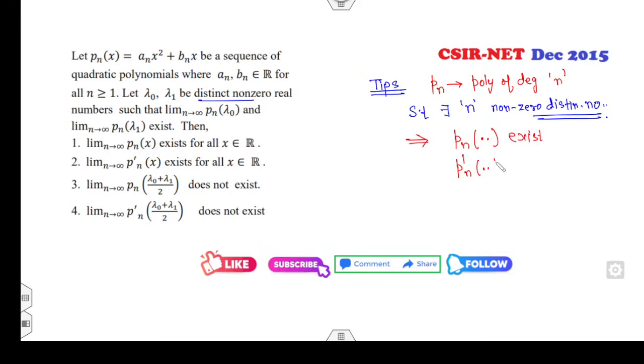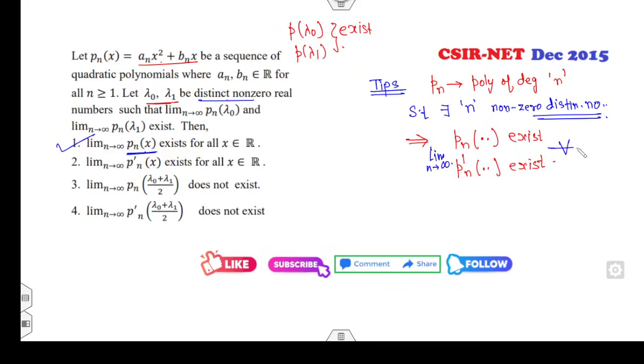Now you can see P is a polynomial of degree 2, lambda naught and lambda 1 are the distinct roots. That means P of lambda naught, P of lambda 1 must exist. The first option says the limit as n approaches infinity of P of n exists. This limit says n approaches infinity.